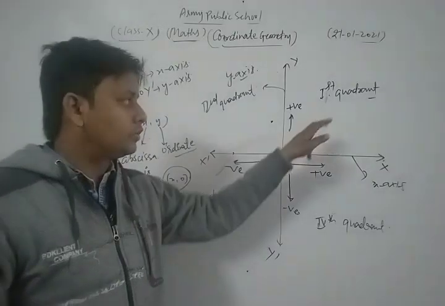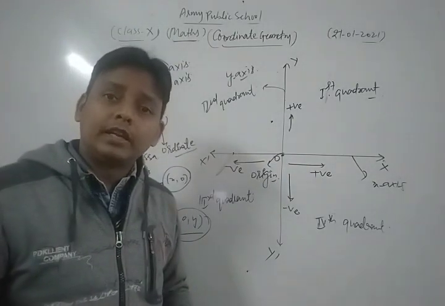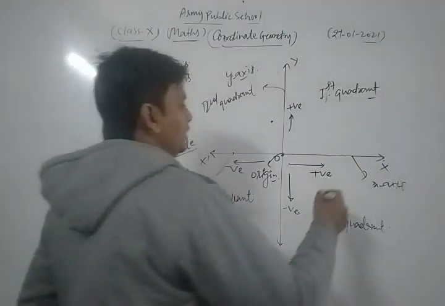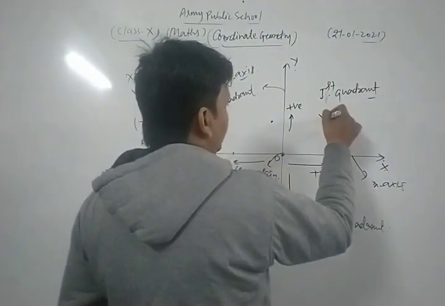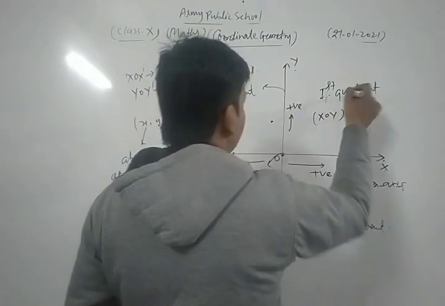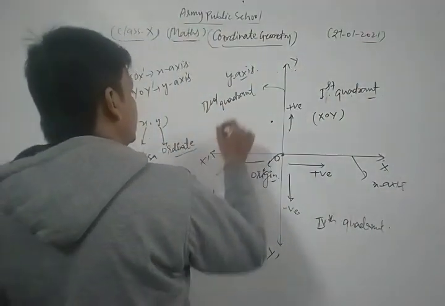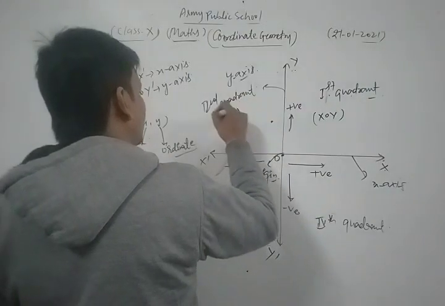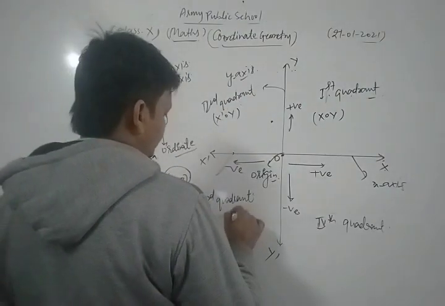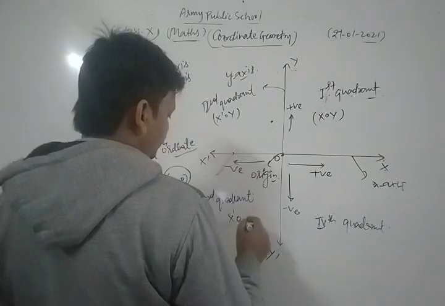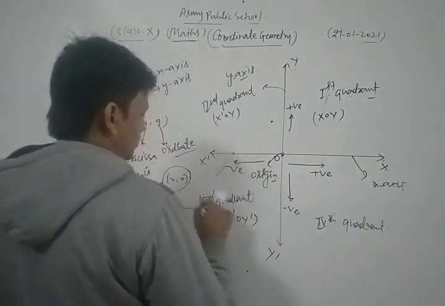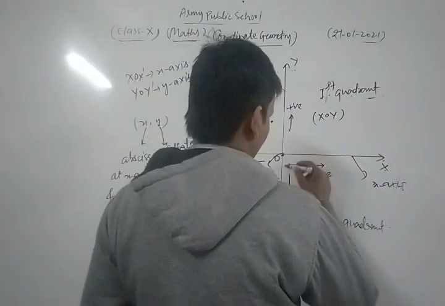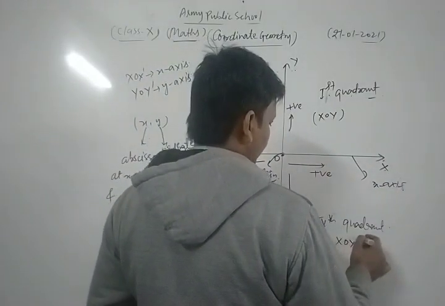In this way, X O Y is our first quadrant, X dash O Y is our second quadrant, X dash O Y dash is our third quadrant, and X O Y dash is our fourth quadrant.